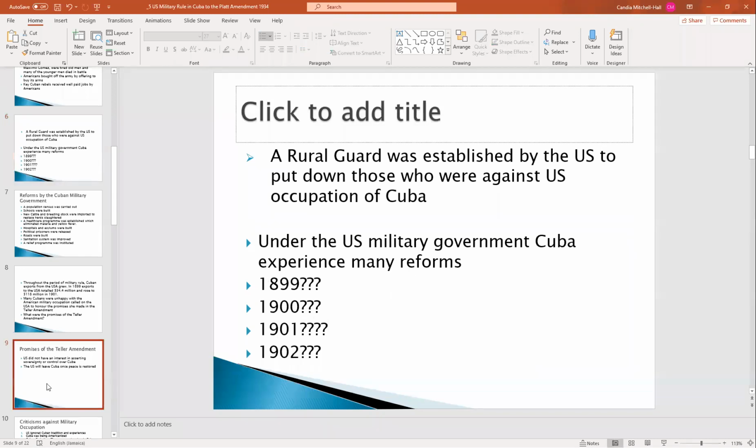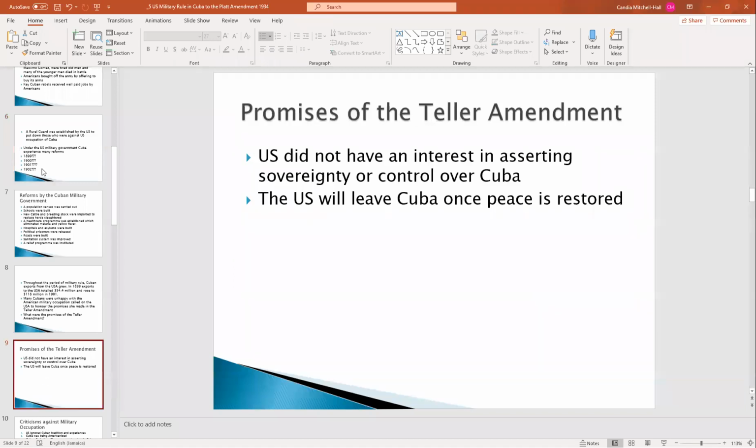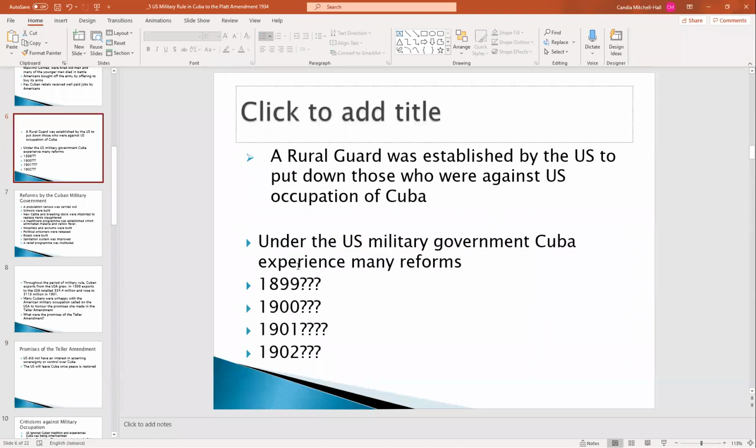The Teller Amendment, in 1899, they said that once there is peace in Cuba, they are going to leave. They are not interested in Cuba. Could we say that the US basically told the Cubans a lie?